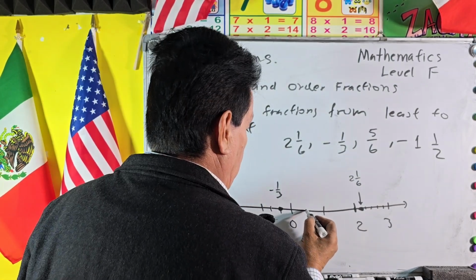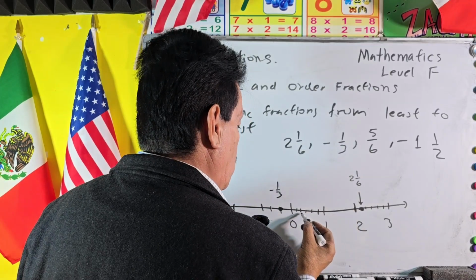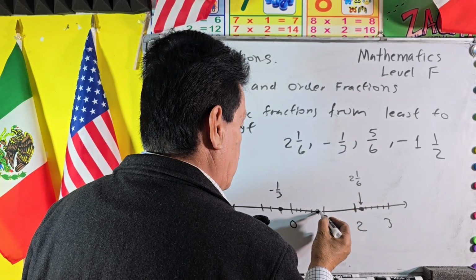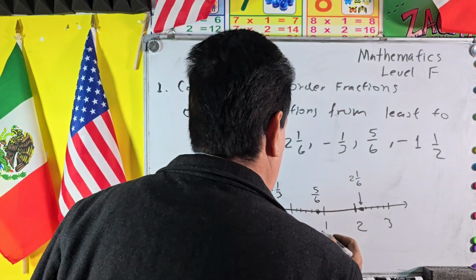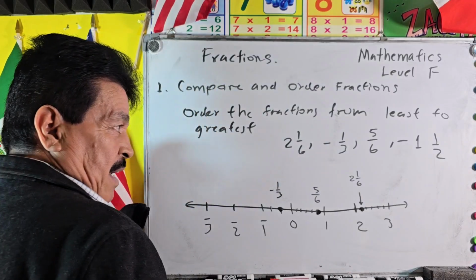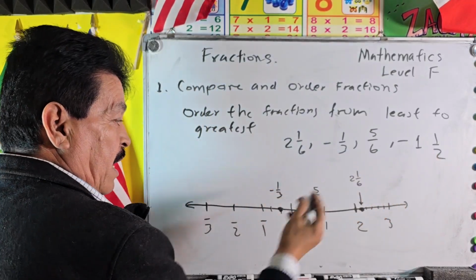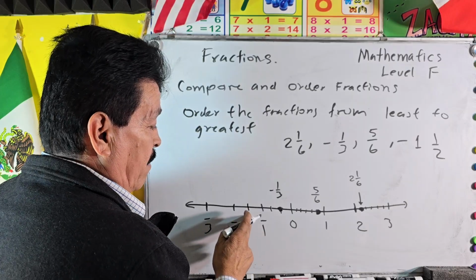So 1, 2, 3, 4, 5, and 5/6 is right here. I'm using the number line. And then negative 1 1/2, so divide in half.